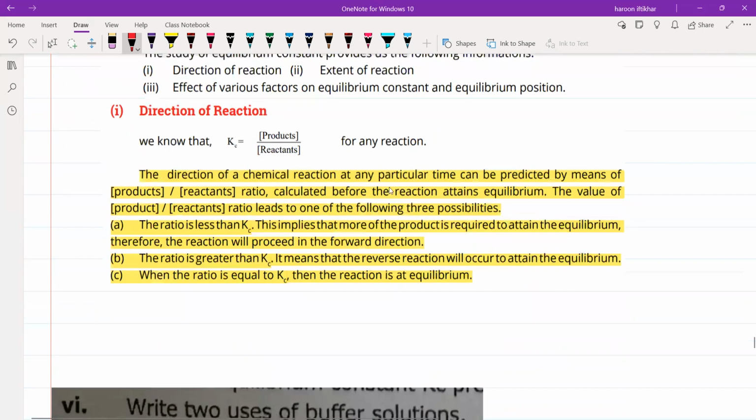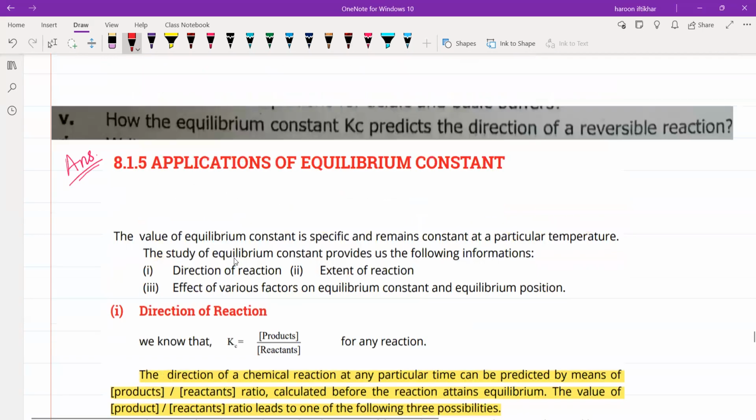The direction of a chemical reaction at any particular time can be determined by means of the product-to-reactant ratio calculated before the reaction attains equilibrium. And after attaining equilibrium, if the values are equal, then the reaction is at equilibrium. If the ratio is less than Kc, then definitely we have more products forming, and vice versa. Okay, so you can read these 3 points. That will be very helpful for you.